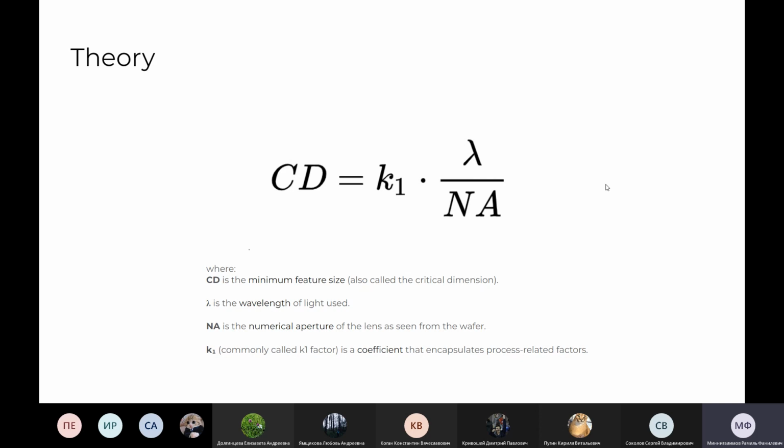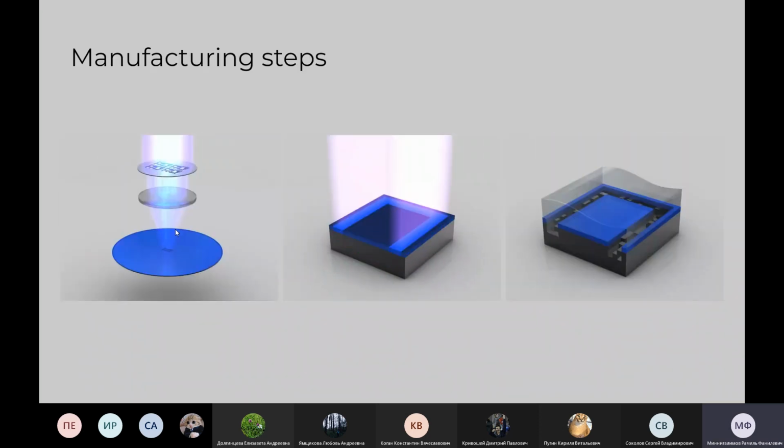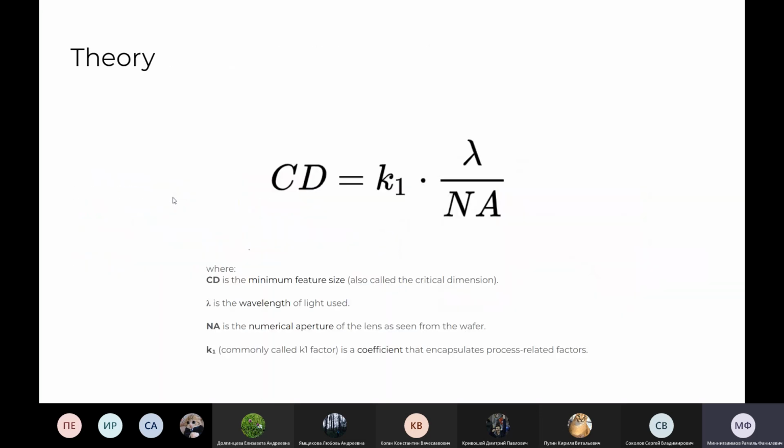Resolution improvements enable printing of smaller geometries on integrated circuits, and the minimum feature size that the projection system typically used in photolithography can print is given approximately by the next equation, where CD is the critical dimension, lambda is the wavelength of light used, NA is the numerical aperture of the lens on this stage, and K is a coefficient that's calculated for each process.